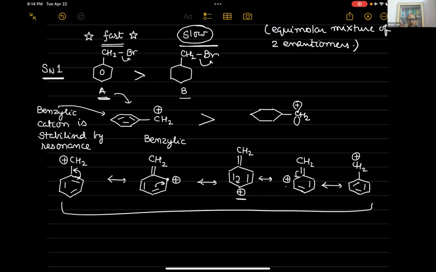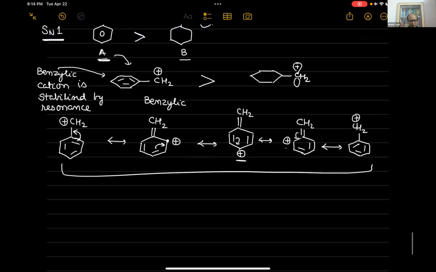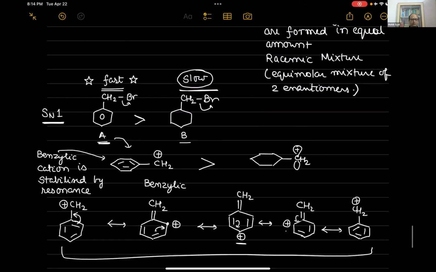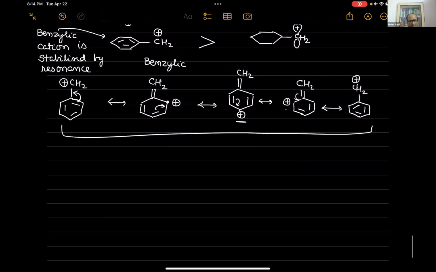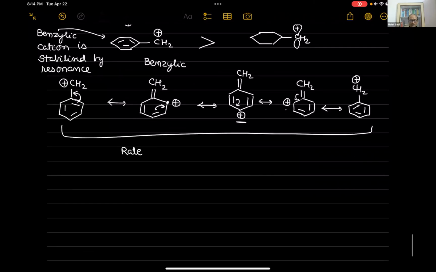Yes, sir. Okay. So wherever the cation is stable, the speed of SN1 is going to be faster. Rate or speed, it is one and the same thing, of SN1 is directly proportional to the stability of carbocation.